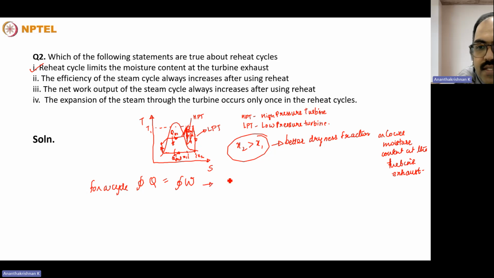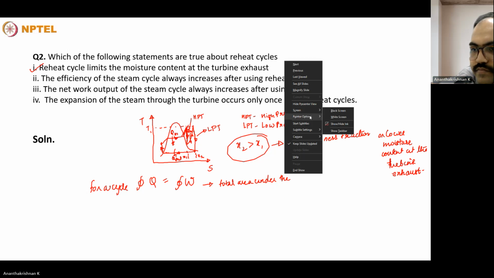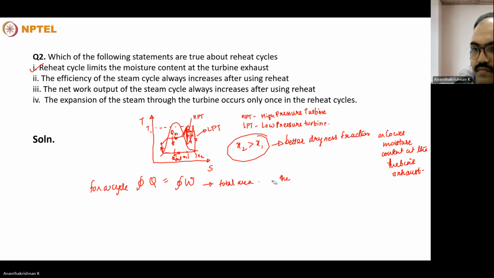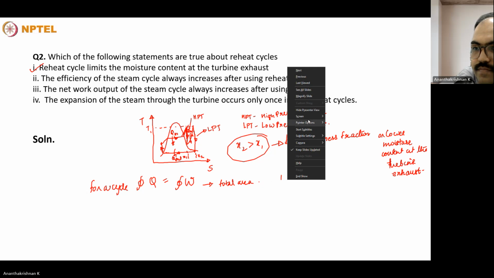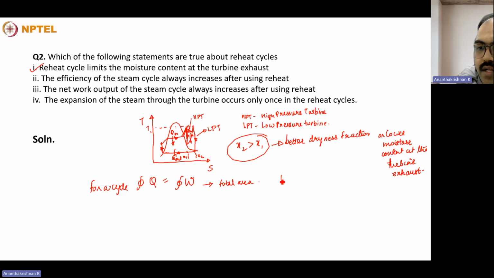So what we could see from this is the total area enclosed by the cycle.